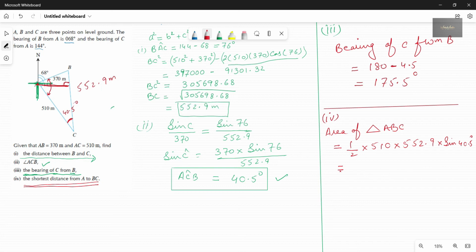The answer is 91565.36, and it is in meter square, right? Also we know that the area of a triangle is equal to 1 over 2, which is a very common formula, into base into height, right?